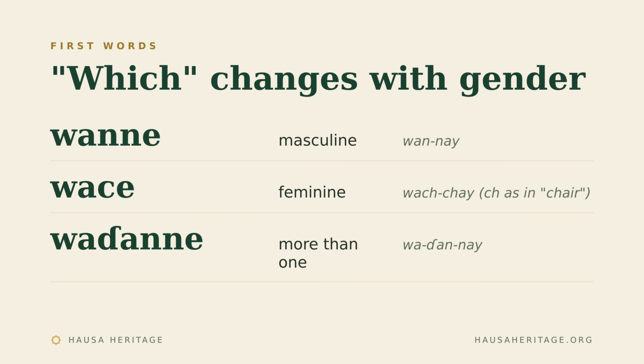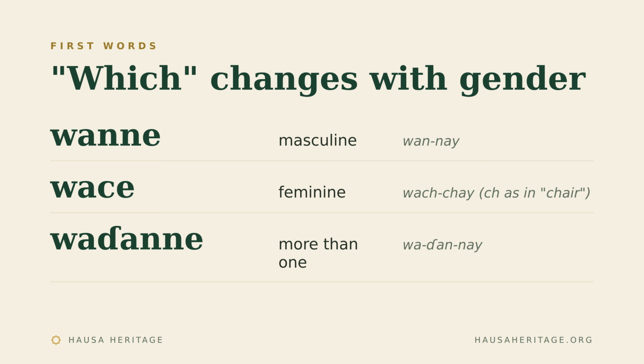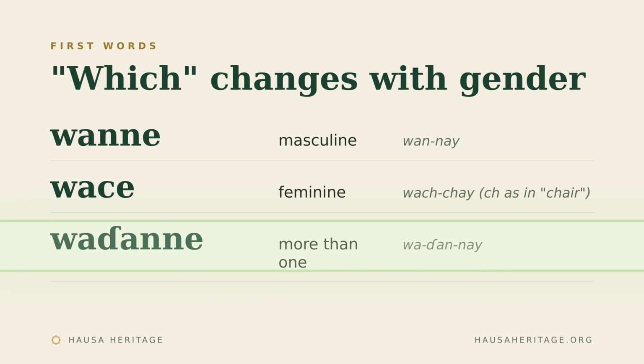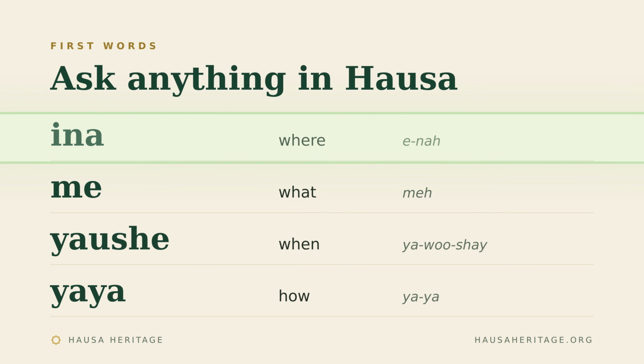And for a plural, waɗanne. Waɗanne means which when there is more than one. The hooked D sound is the one we just heard earlier in this video. Waɗanne. Now let's say the question words together. Ina, where.